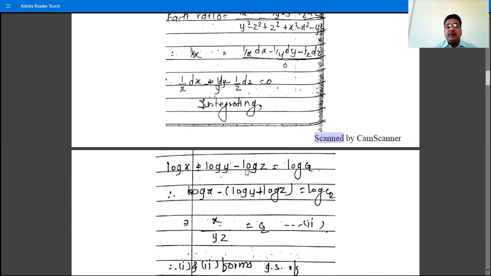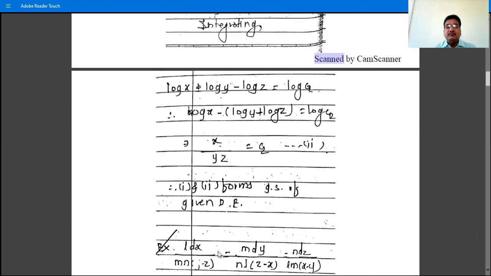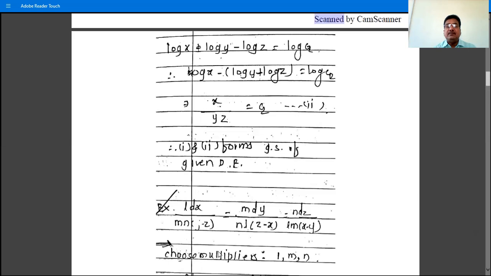If we take the minus sign common from these two, what is in bracket is log y plus log z, and log y plus log z is log y into z, and log a minus log b is log a by b, and therefore we have log x by y z is equal to log c2. Cancel log on both sides, then we have x divided by yz is equal to c2, and this is the second solution, and therefore 1 and 2 form the general solution of the given differential equation.